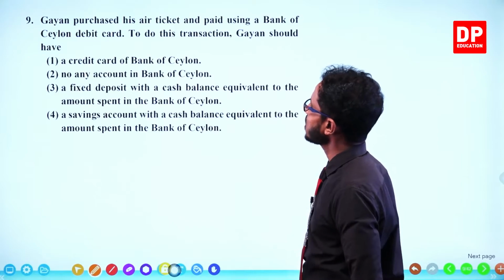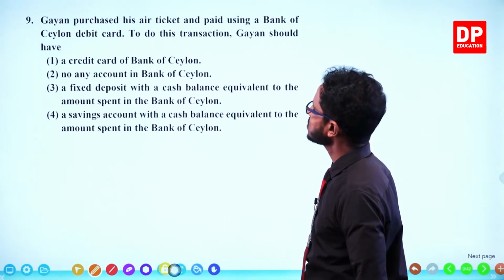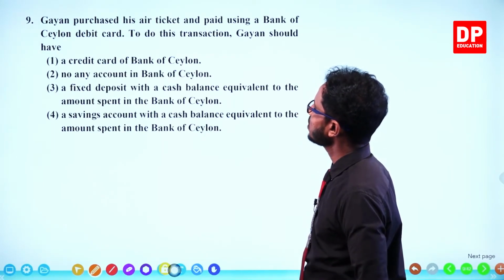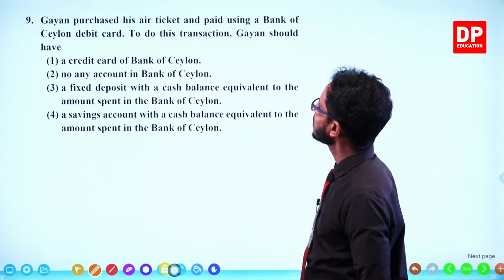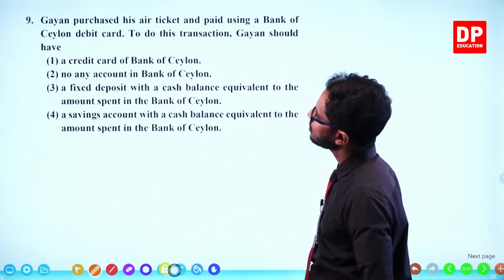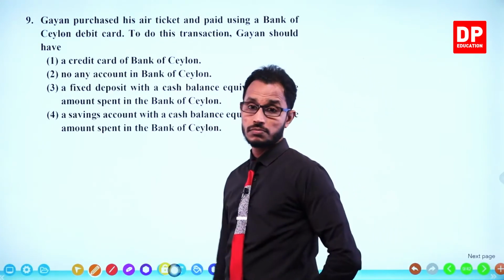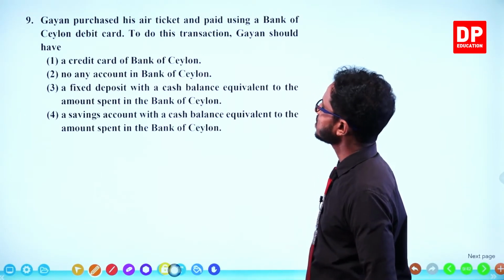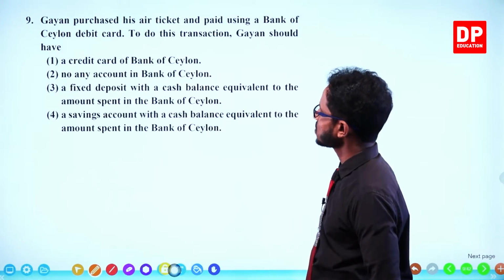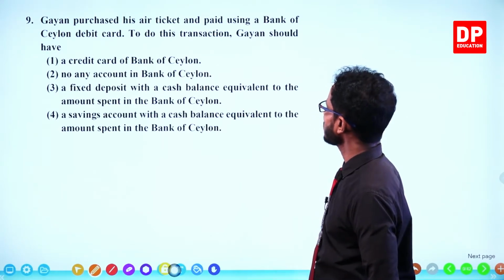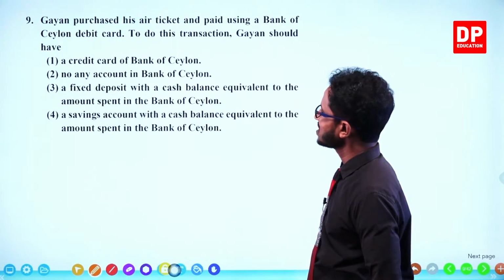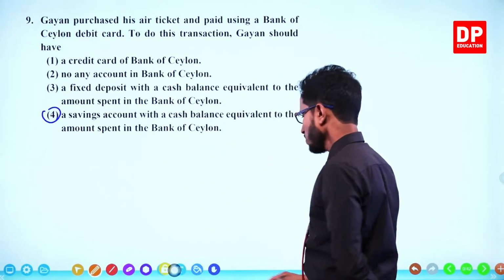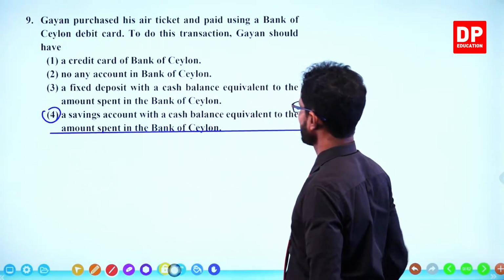Gayan purchased his air ticket and paid using a Bank of Ceylon debit card. To do this transaction, Gayan should have had what? A credit card of Bank of Ceylon. No account in Bank of Ceylon. A fixed deposit with a cash balance equivalent to the amount spent. A savings account with a cash balance equivalent to the amount spent. This is the answer, children. It's easy, I have told you these things.